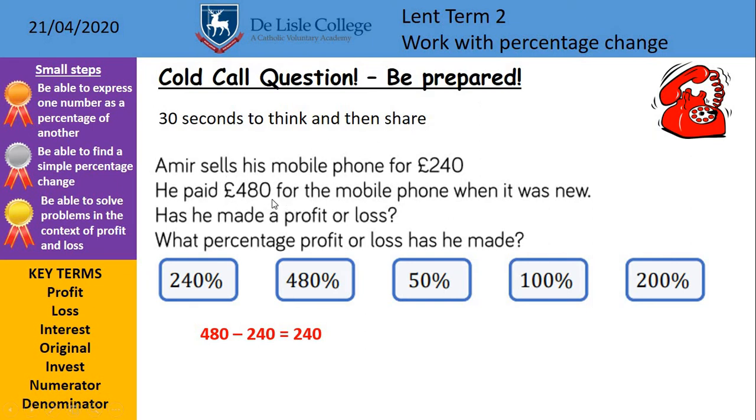Read the question very carefully. So this 240 out of 480, you may have recognised without having to use your calculator that 240 is indeed half of 480, so when you multiply this by 100 it gives us a 50% loss. So the percentage loss he's made is 50%.